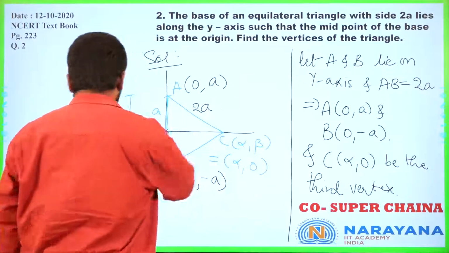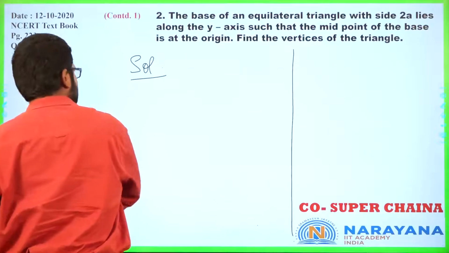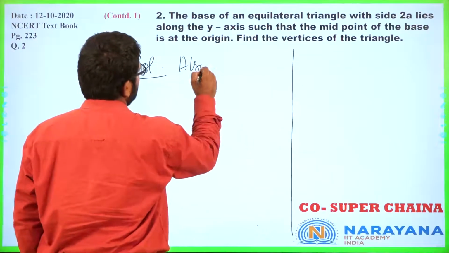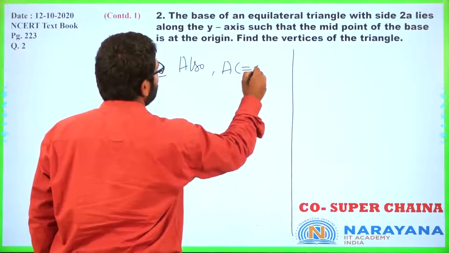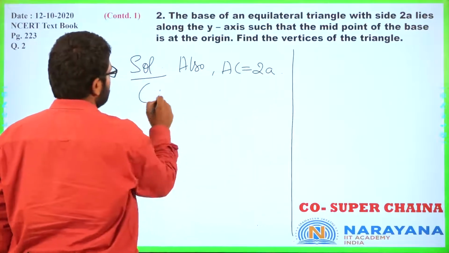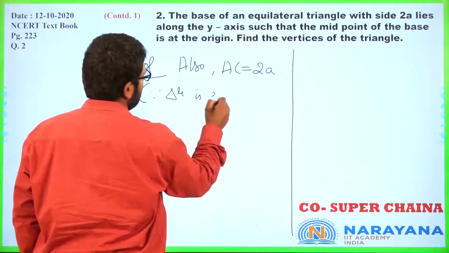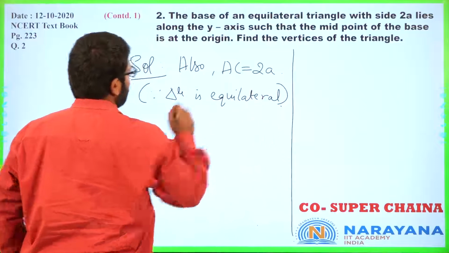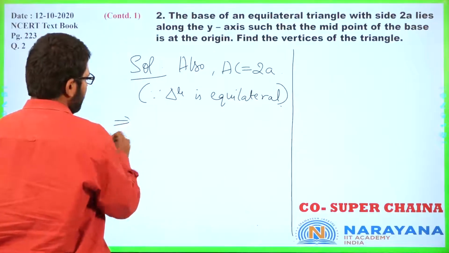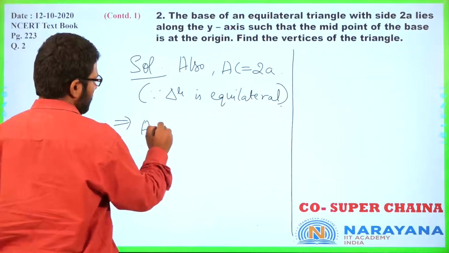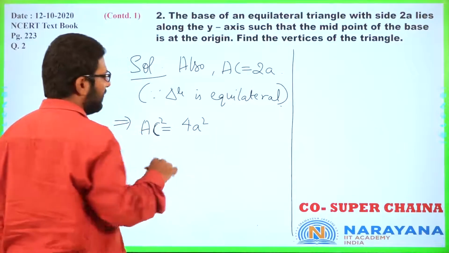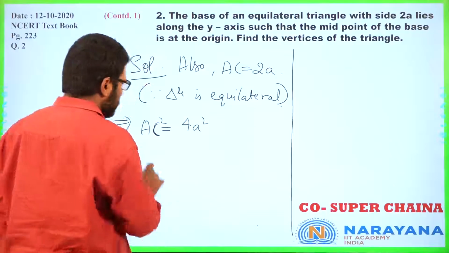Alright. So AC is equal to 2A. Why? Since the triangle is equilateral. Which means AC square is 4A square. Why am I using squares? Because I don't want to write a square root.